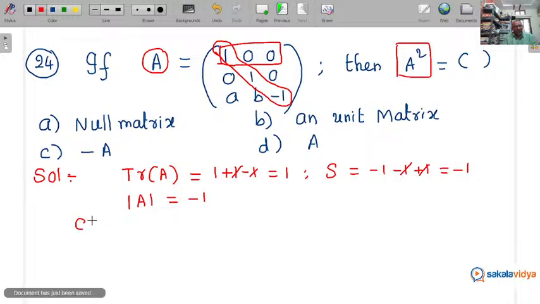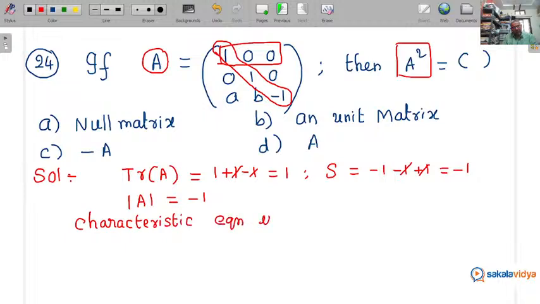Now the characteristic equation is, we know the shortcut, A cube minus trace of A into A square plus sum of the cofactors of principal diagonal into A, minus det A into I equals to 0.